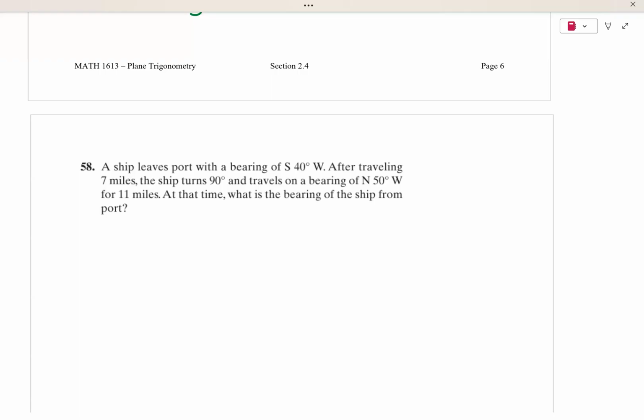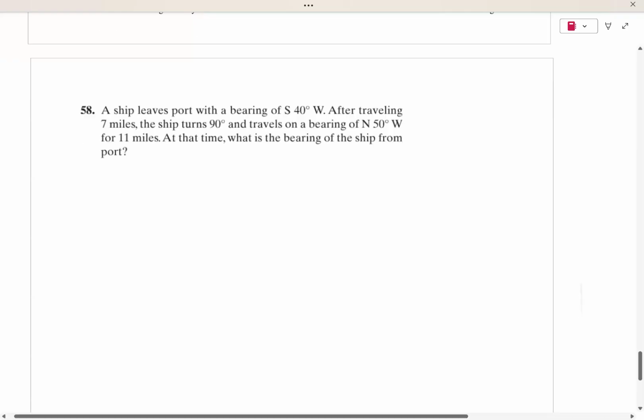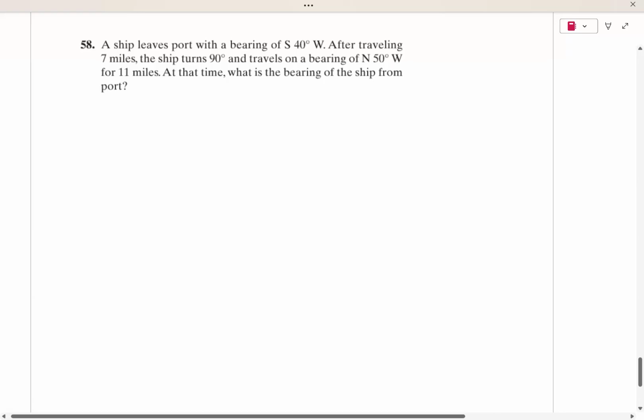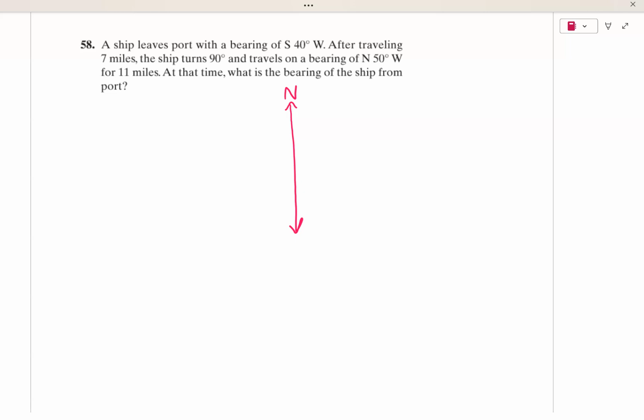At that time, what is the bearing of the ship from the port? Okay, so we got a lot going on here. So we have a north, we have a south, east, west. Okay.